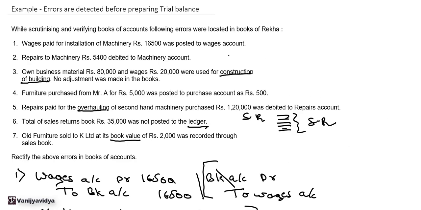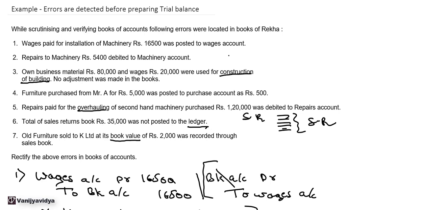So this was about examples wherein errors are detected before preparing a trial balance. So wherever possible, we have rectified this error by passing a rectification entry and giving effect to both the ledger accounts, and wherever the entry is not possible, we have to directly record it in the particular ledger, either on the debit side or credit side, depending on whatever is the case.